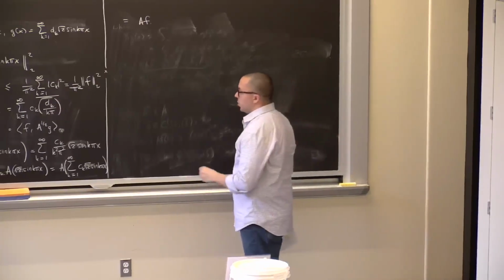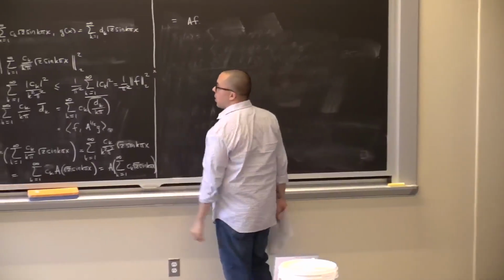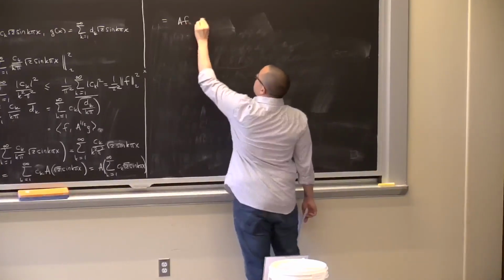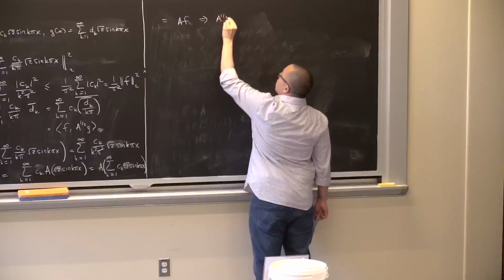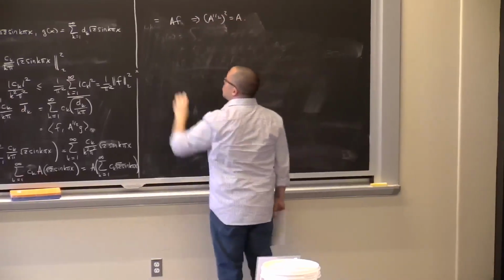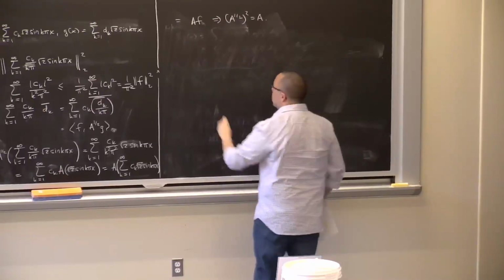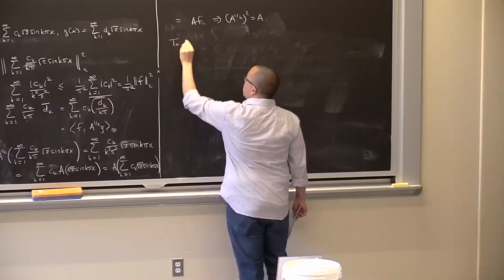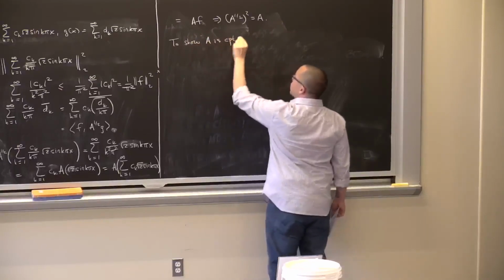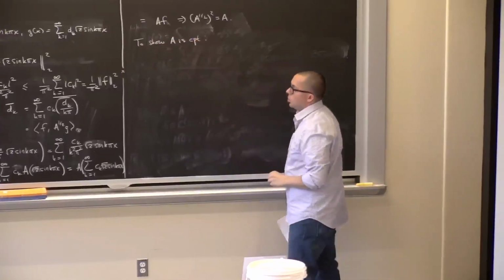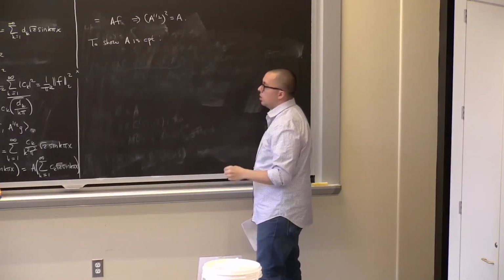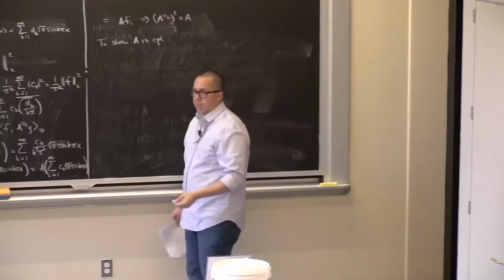Now let me give a brief sketch on why this is a compact operator. We've shown it's a bounded self-adjoint operator whose square gives me A. To show that it is a compact operator, we will show that the image of the unit ball has equi-small tails.